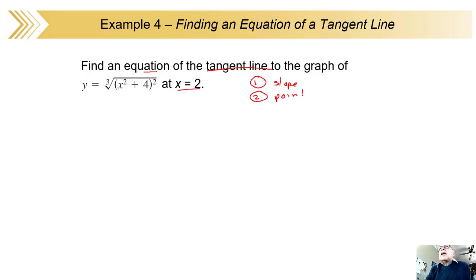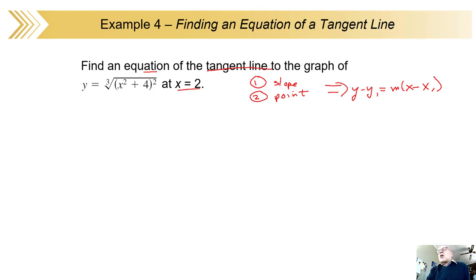We also need to get a point. Once you've got those two, here's your point-slope form one more time. You put the point in for x sub 1 and y sub 1. You put the slope that you get from differentiating. You put that here, clean up, and you've got your answer.